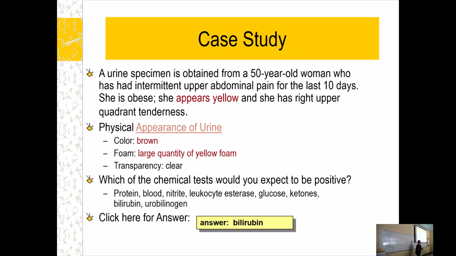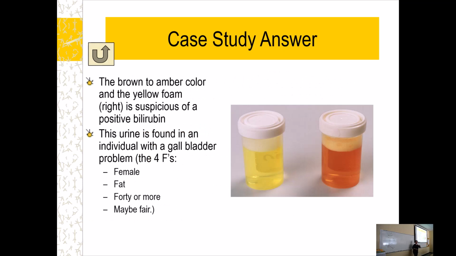You will learn more. We will have an entire lecture on bilirubin coming up, but amber foam, you're going to think bilirubin. The brown to amber color of the foam is suspicious for the positive bilirubin that we're seeing there. Urine like this is often found with gallstone problems, and it's the 4 Fs: female, fat, 40 or more, and fairer skin tend to have gallbladder problems.